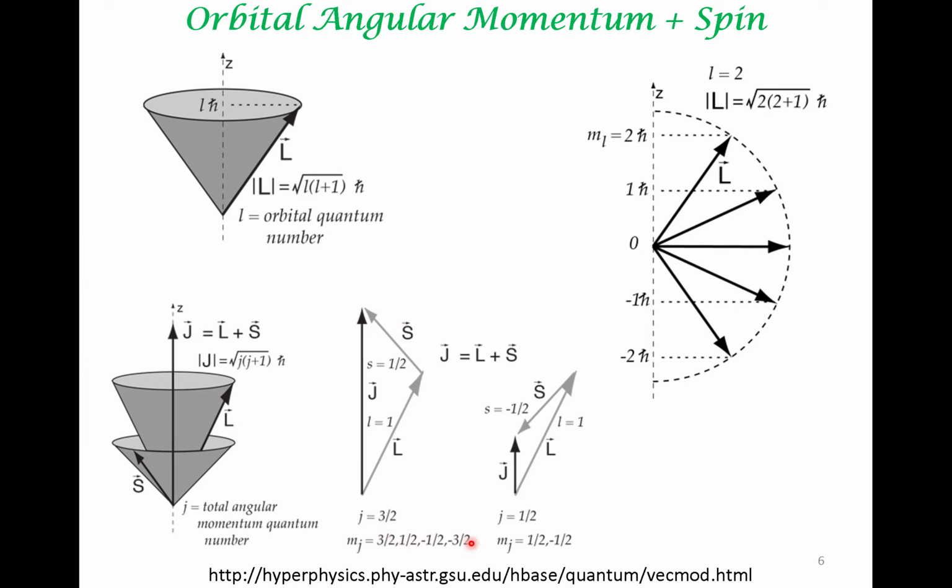In the absence of an external magnetic field, all the angular momentum states, the different MJ states, have the same energy. However, when you expose the system to an external magnetic field, the magnetic moment is different for each of these states. Therefore, the energy of each of these levels is different. Therefore, the system splits.